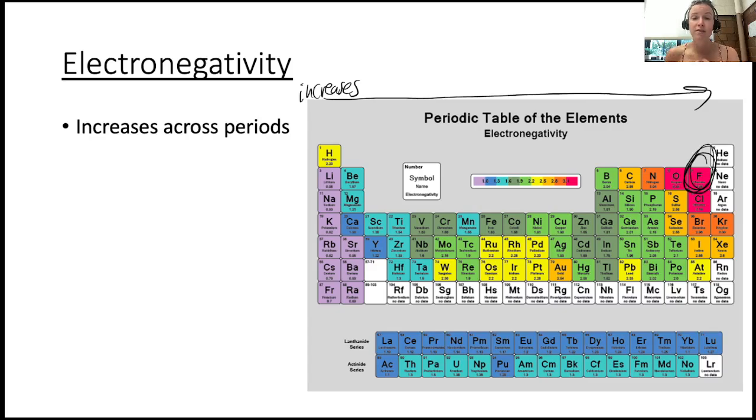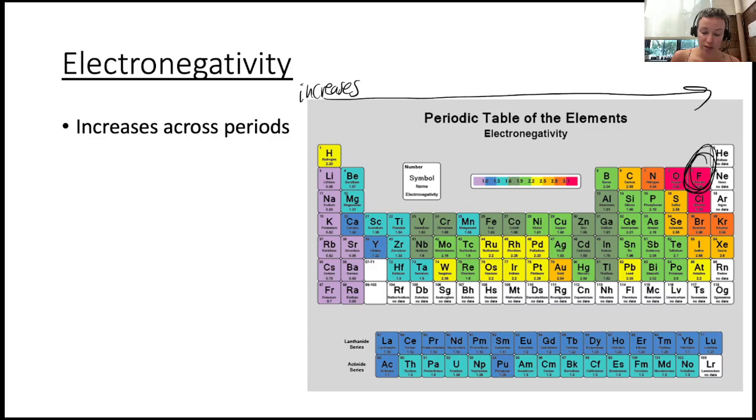Since it has a more positively charged nucleus, it should be able to pull more strongly on the negatively charged electrons. Fluorine is actually the most electronegative element on the periodic table. It is doing the best job at pulling on its electrons.